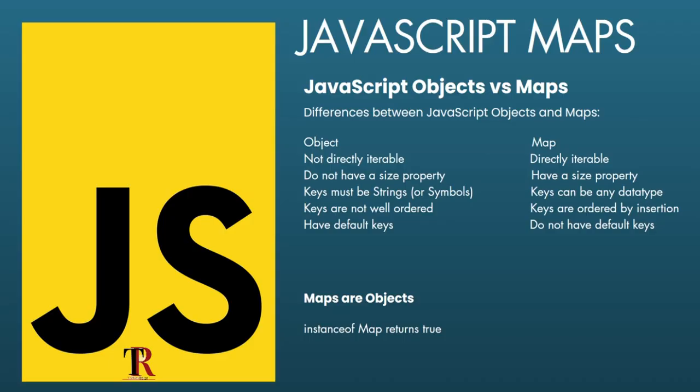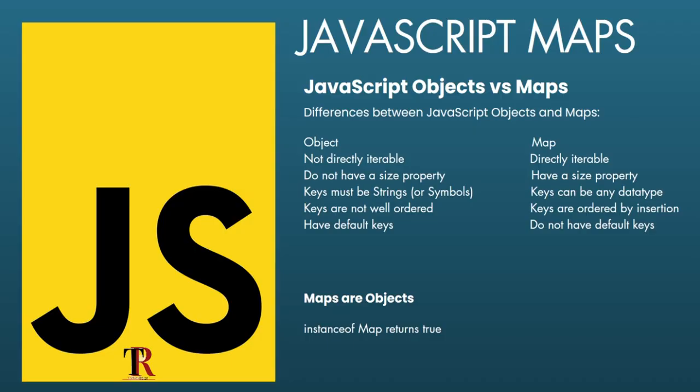Most times it's always strings that you see. Symbols are used rarely. But map keys can be any data type. It can be strings, it can be numbers, it can be objects. There's no limit on what can be the keys of a map. But the keys of an object are restricted only to strings or symbols, which is rarely used. Now, object keys are not well ordered.